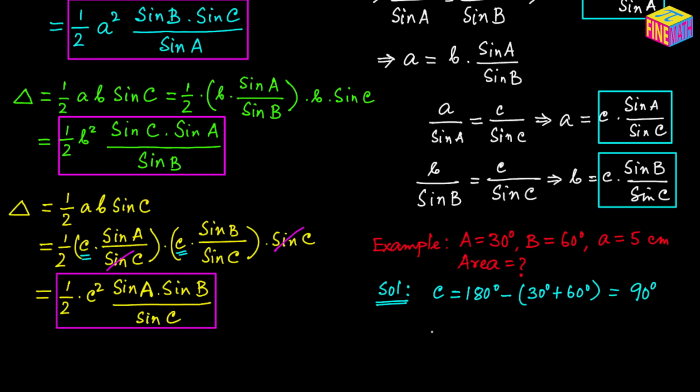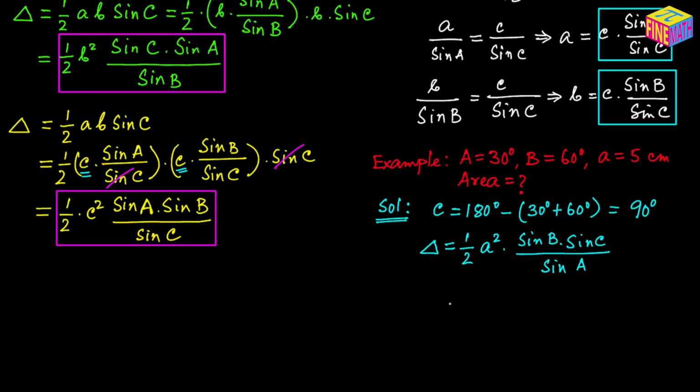Well, we can say area will be equal to half times a squared times sine of b times sine of c over sine of a, and if we substitute the values here, then we are going to have half times a is actually 5 centimeters, so that would be 5 squared times sine of b, so that would be sine of 60 degree times sine of c, which is sine of 90 degree, over sine of a, that is sine of 30 degree.